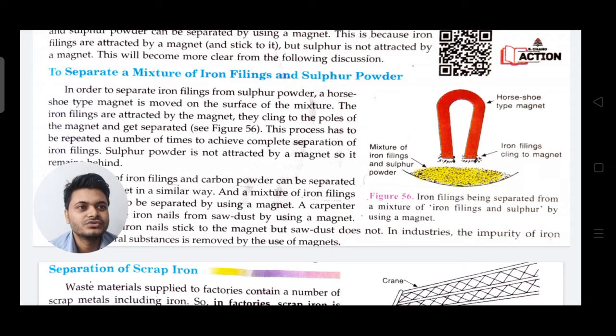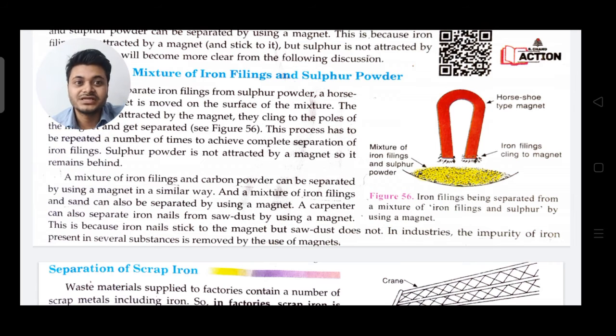You can see a horseshoe type magnet, and iron filings cling to the magnet. To separate the iron filings from sulfur powder, a horseshoe type magnet is moved on the surface of the mixture. The iron filings are attracted by the magnet. They cling to the poles of the magnet and get separated. You can see this in figure 56. This process has to be repeated a number of times to achieve complete separation of iron filings.